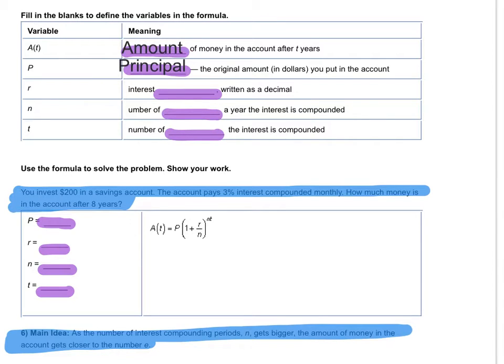R represents the interest rate, and it's always going to be written as a decimal. The n represents the number of times a year the interest is compounded. So if it says monthly, that's 12. Quarterly, that's 4. t represents the number of years the interest is compounded.